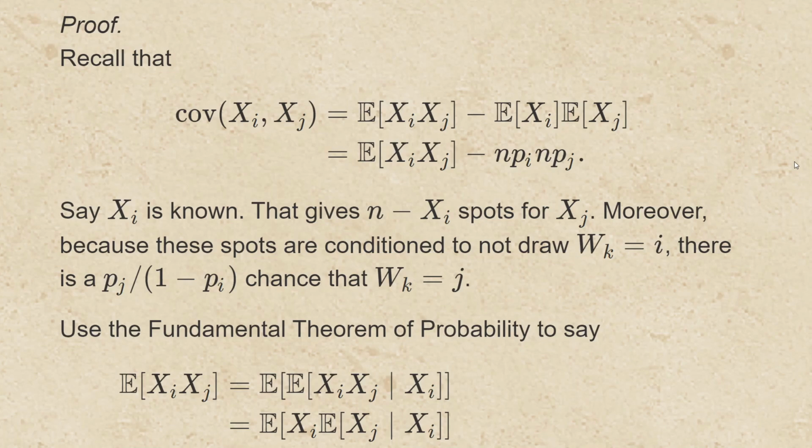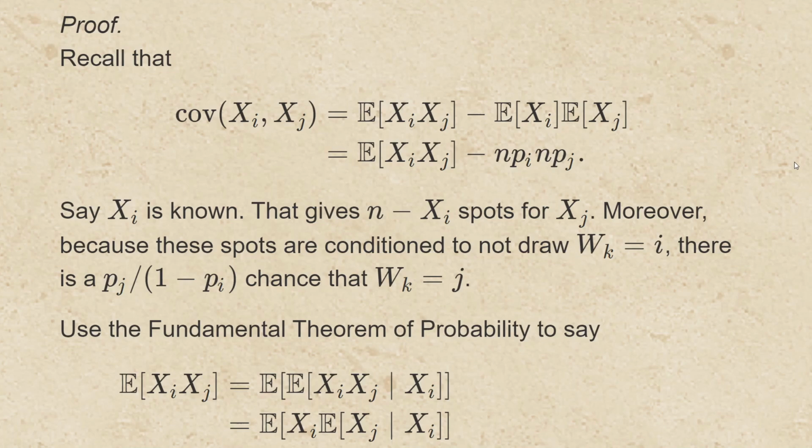Well, that gives n minus x sub i spots that could possibly contribute to x sub j. Moreover, because these spots are conditioned to not draw their experiment equal to i, there is only a p sub j over 1 minus p sub i chance that w sub k equals j.